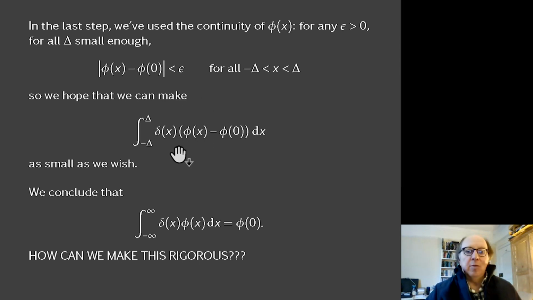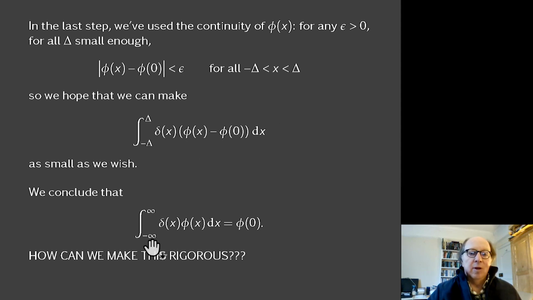And so what you hope is that you can make this integral as small as you want. Of course, you can't make this a rigorous argument as it stands, but you would like this to be true. It's natural to assume that if this bit is going to 0 as this capital delta tends to 0, then the whole lot should go to 0 as well.